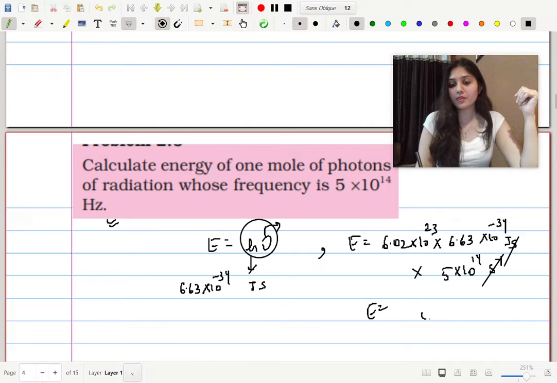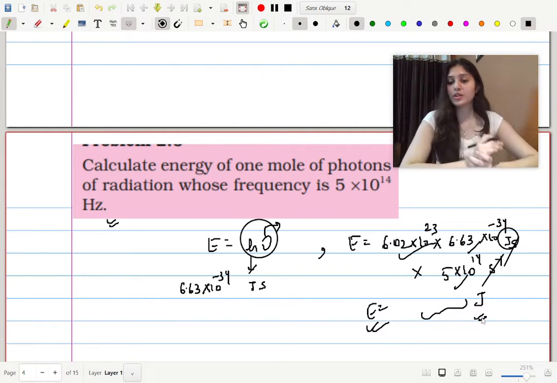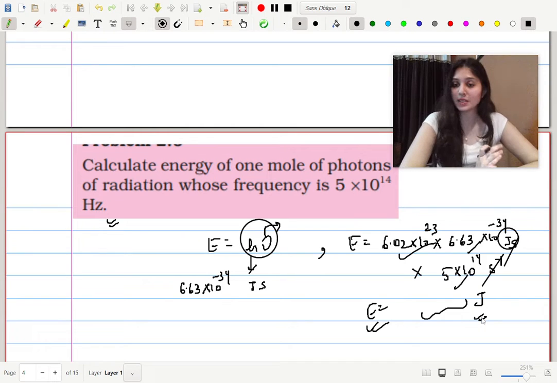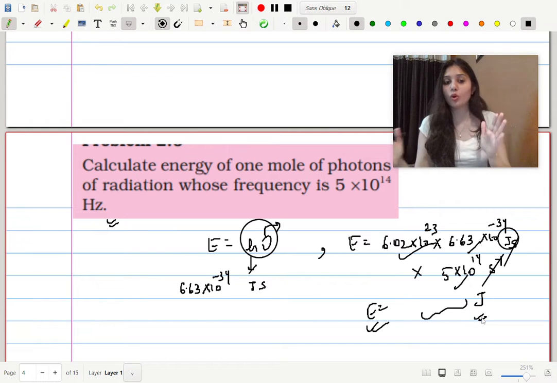After solving, whatever answer you get after this long multiplication is going to be in joules, okay? And the unit of energy is joules. So you can solve the answer, and whatever answer you get is going to be in joules. All right, so this is the energy of 1 mole of photons.